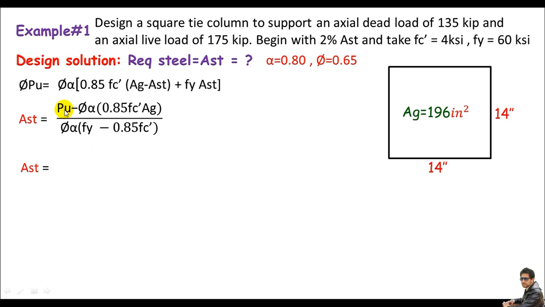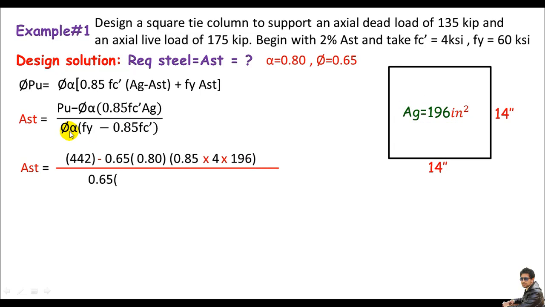So AST equals PU, which we already know, we did it a few minutes ago. Plug in PU, 442, minus theta times alpha times 0.85 FC prime AG, divided by theta alpha Fy minus 0.85 times FC prime.